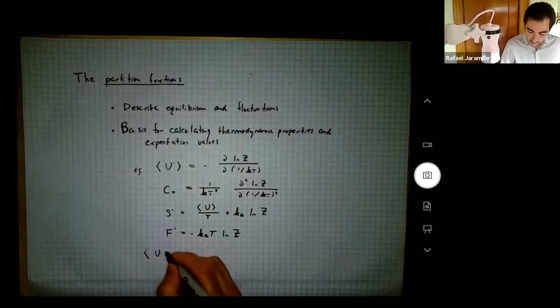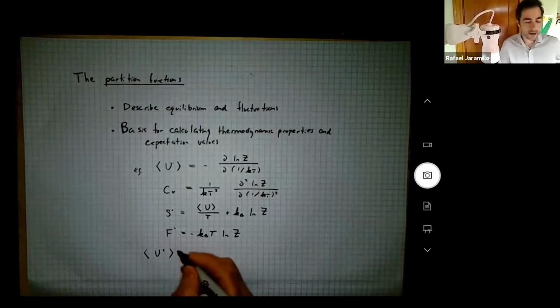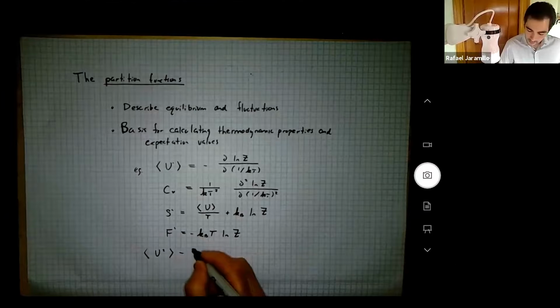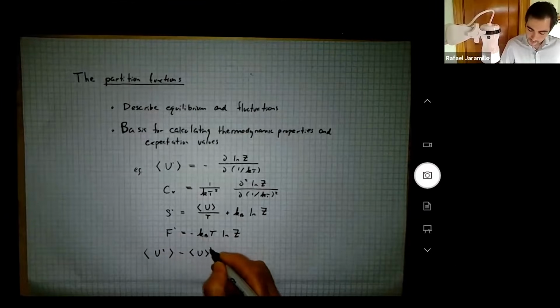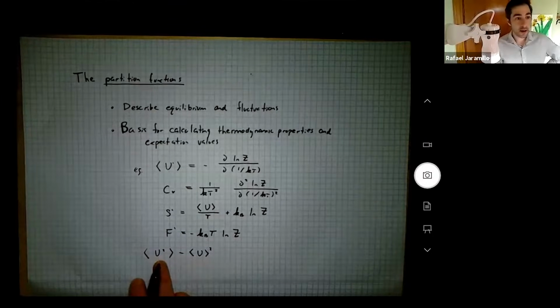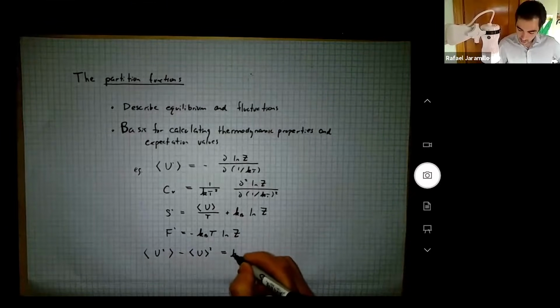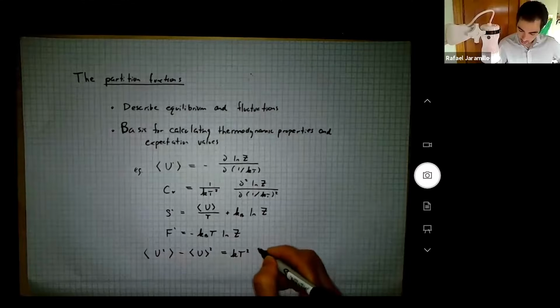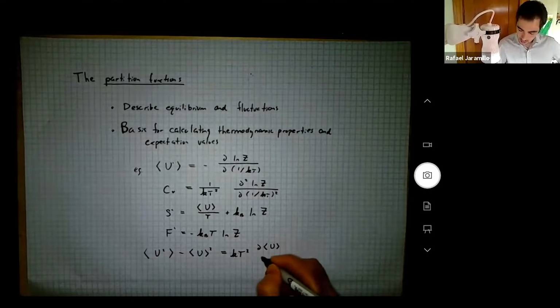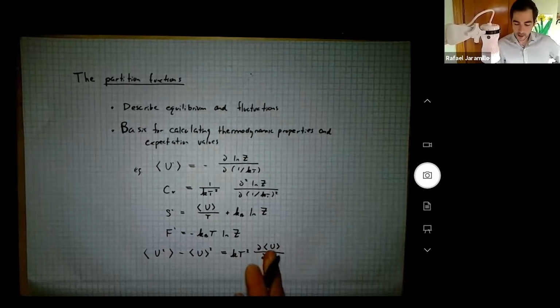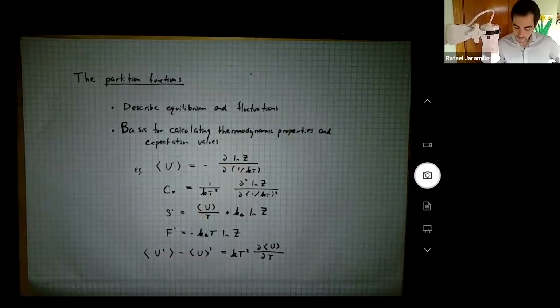So this gets really fun in a later class and has a lot of implications. So for example, the root mean squared energy fluctuation of a system is another quantity that can be calculated from the partition functions.